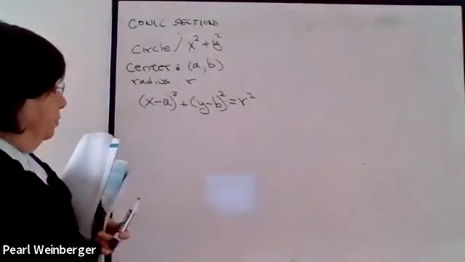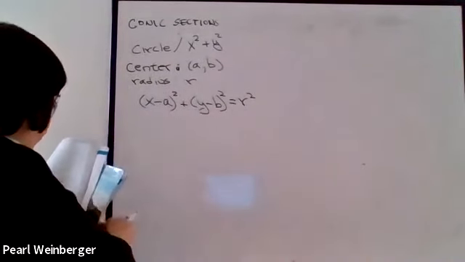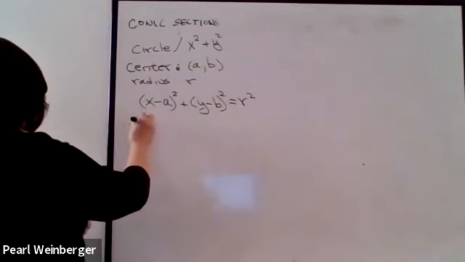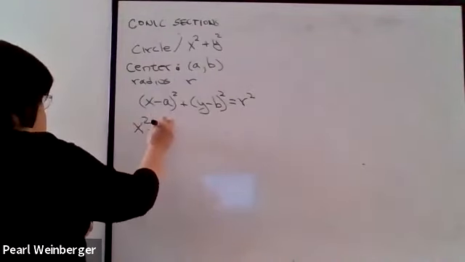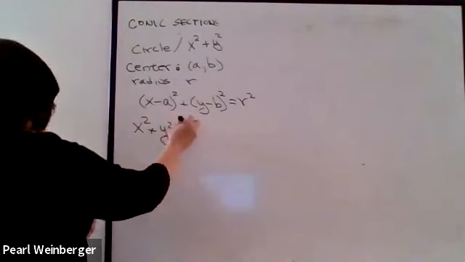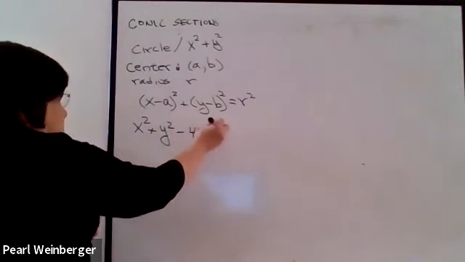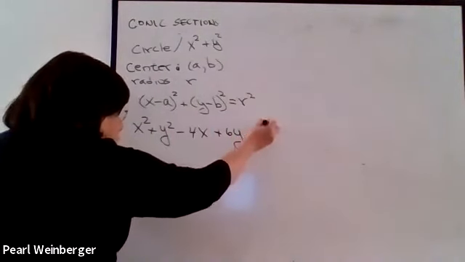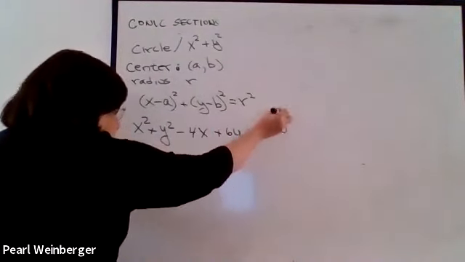I want you to figure out the center and radius of this circle. We have x squared plus y squared minus 4x plus 6y plus 4 equals 0.